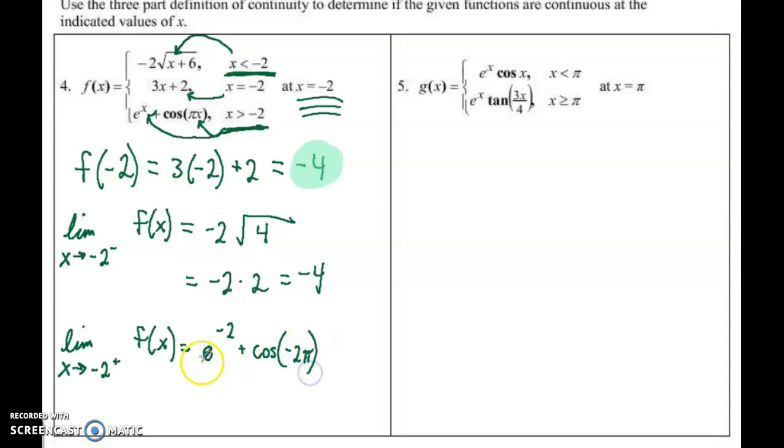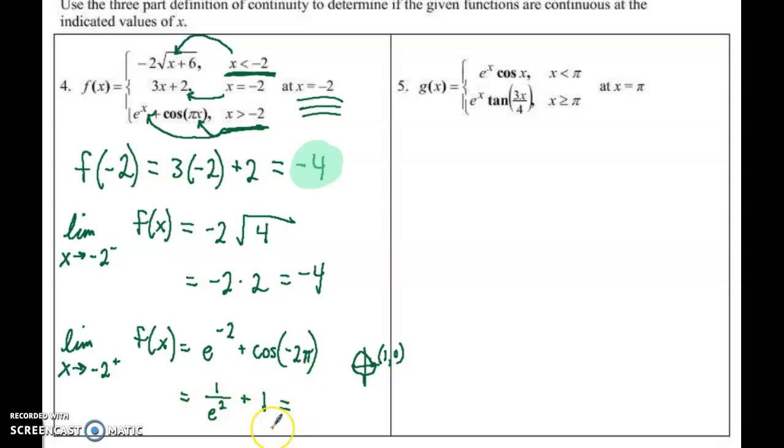All right, well, e to the -2 power, that's basically saying like 1 over e squared. Cosine of -2 pi. -2 pi just means we're going clockwise, but we still end up right here, so that's 1, 0, so plus 1. Does this value equal -4?